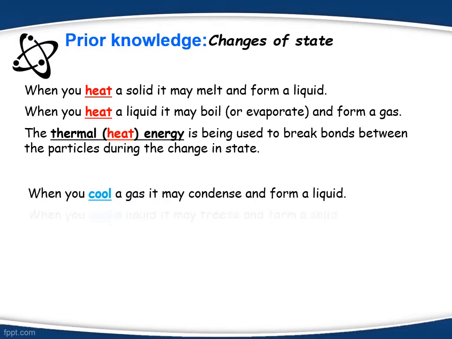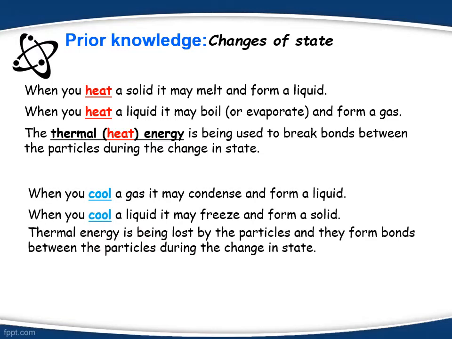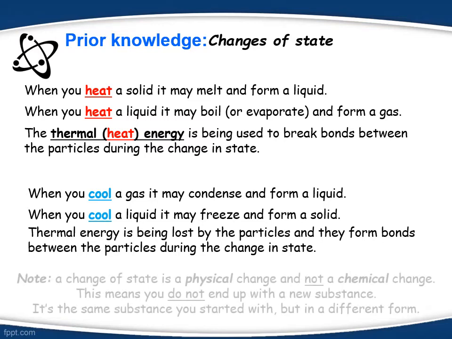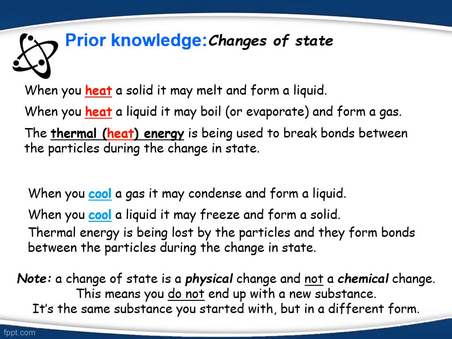Also, when you cool down a gas, it changes into a liquid, and when you cool down a liquid, it may freeze and form a solid. Thermal energy is lost in this case, and bonds form between the particles during the change in state.